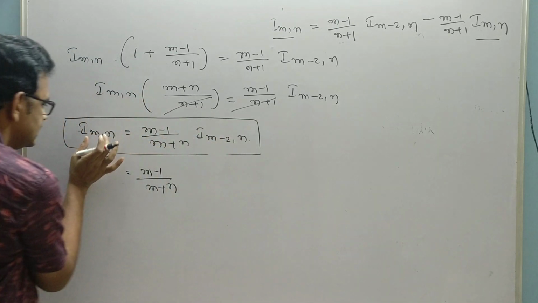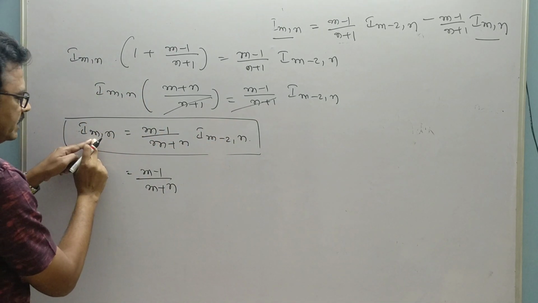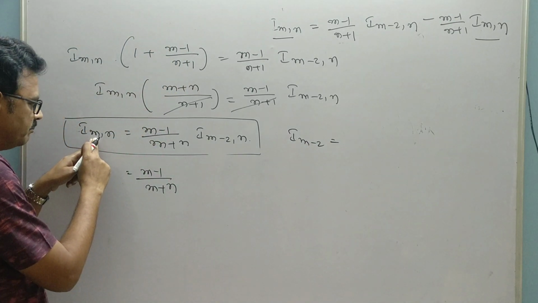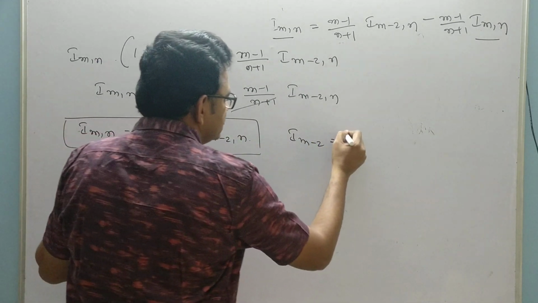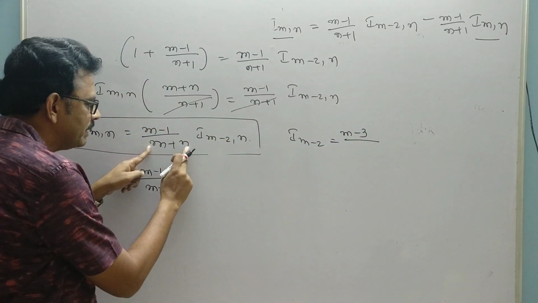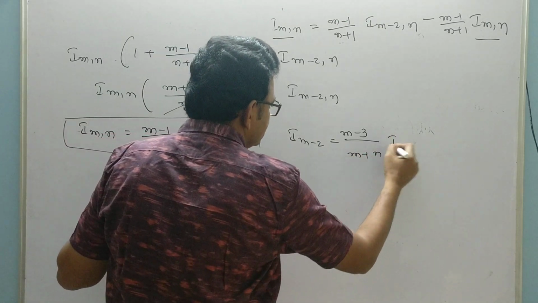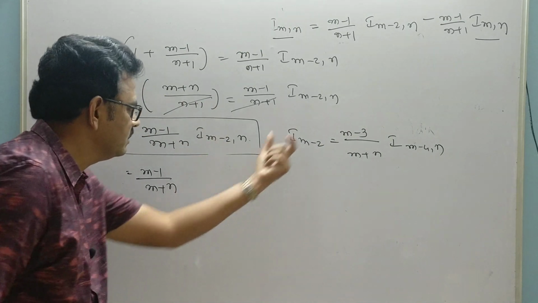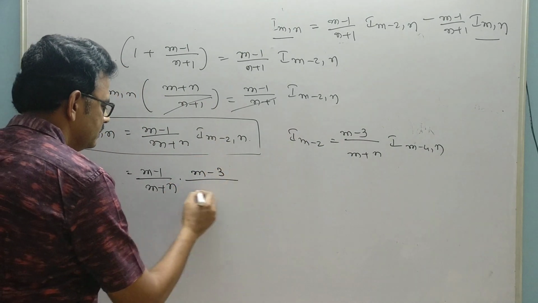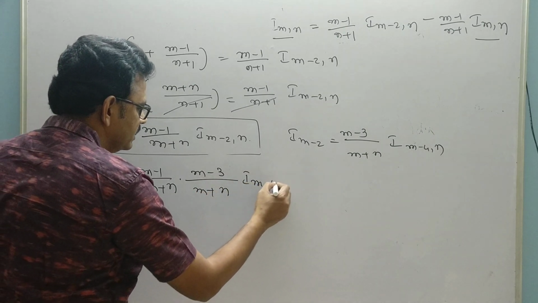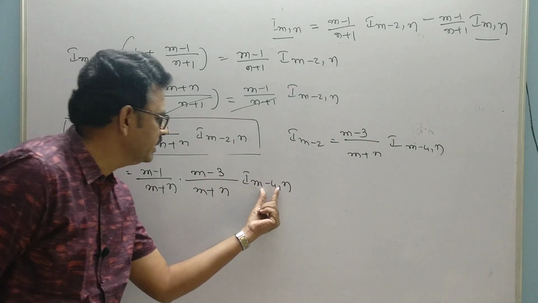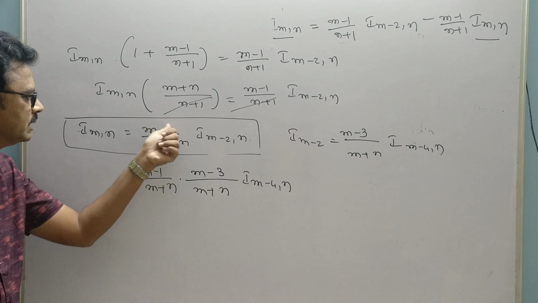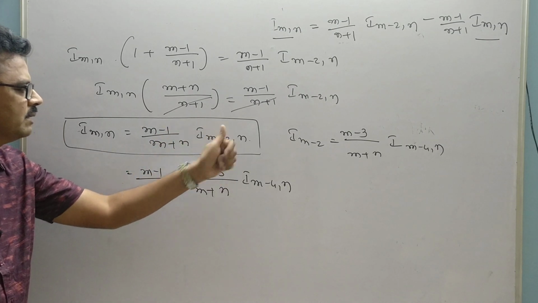For this value, in place of m, if I write m minus 2, then I(m-2,n) is equal to m minus 3 by m minus 2 plus n, that becomes m plus n minus 2, into I(m-4,n). So I(m,n) is m minus 3 by m plus n into I(m-4,n). Again for I(m-4,n), in place of m write m minus 4: m minus 5 by m plus n minus 4 into I(m-6,n), and so on.